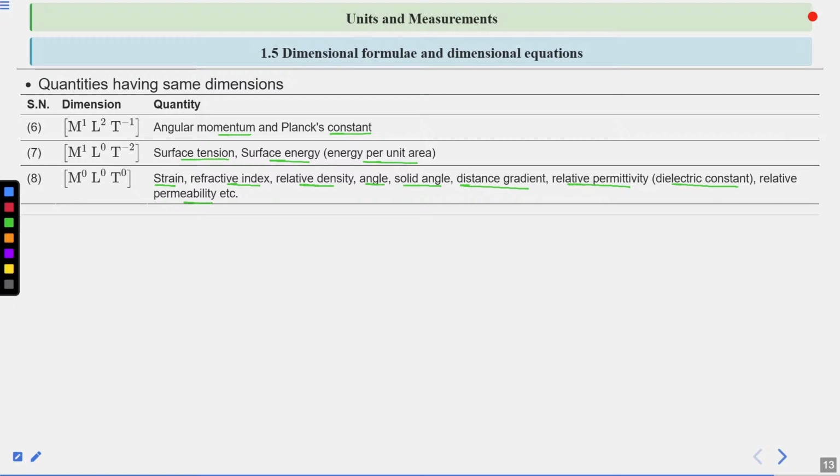What is the dimensional formula of angle? What is the dimensional formula of angle theta?